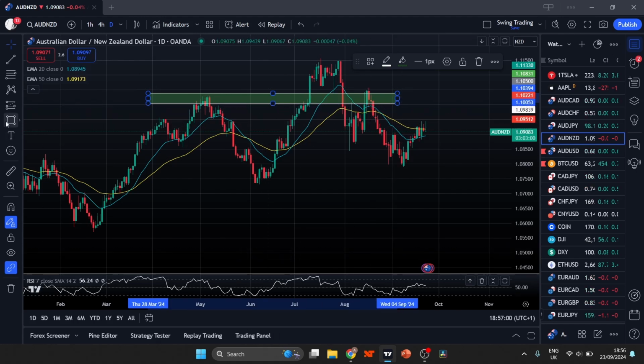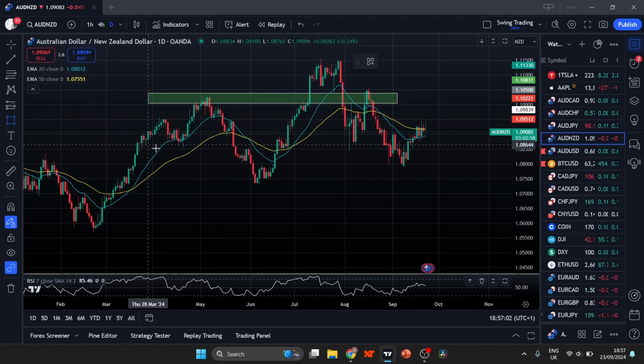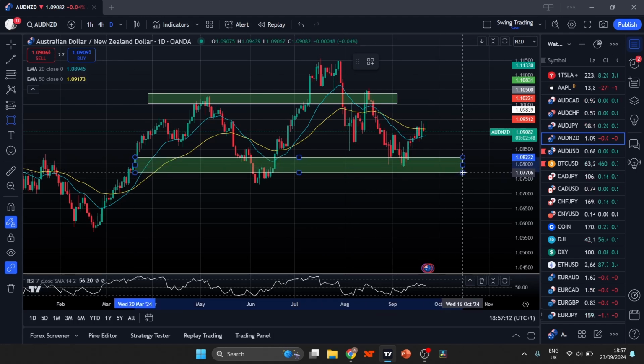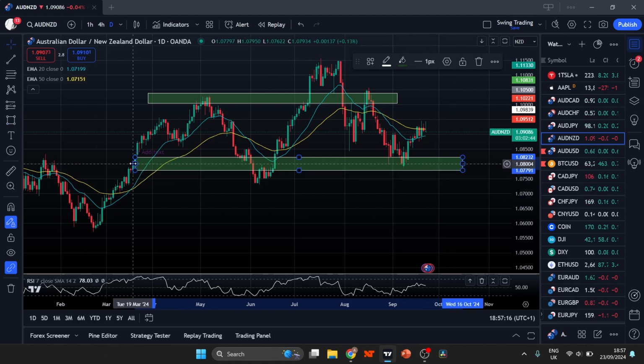So if I was to draw out, if we say that this is the resistance zone, then we would have to say that this is the support zone. Just going to extend that a little bit.